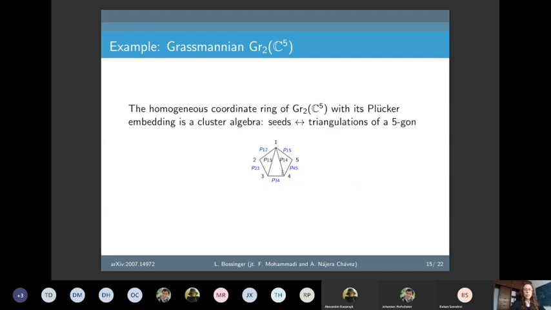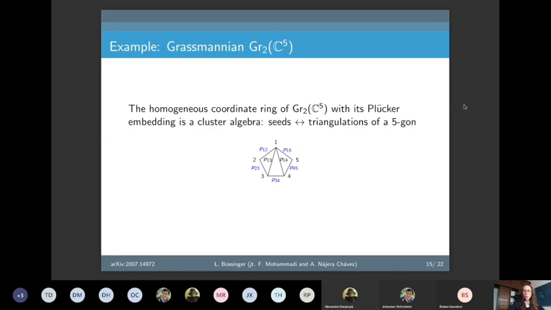So we're going to fill in arcs in the interior that do not cross, and the maximal number of those. And associated to the arcs of this triangulation, we have the Plücker coordinates. In this case, for example, the arc from 1 to 3 is associated with the usual Plücker coordinate P1,3. And we also have Plücker coordinates associated to the boundary of this pentagon.